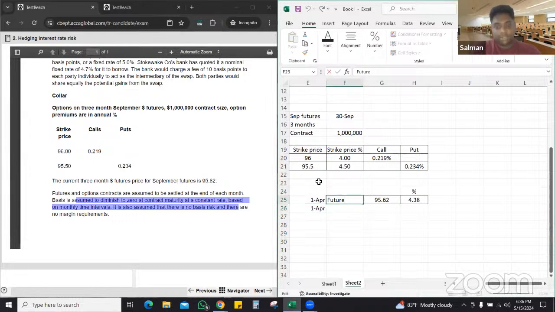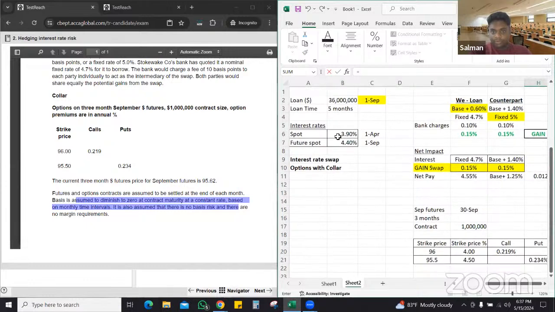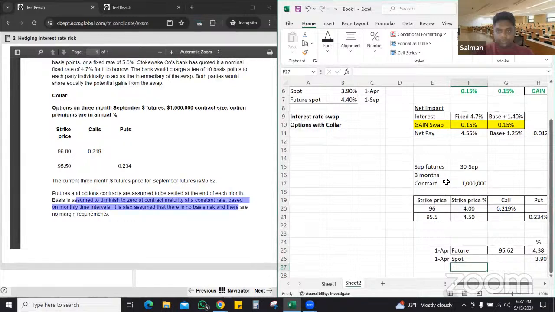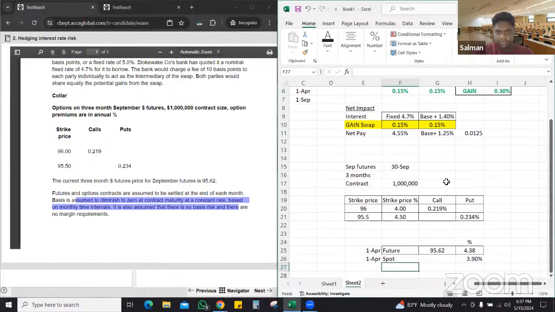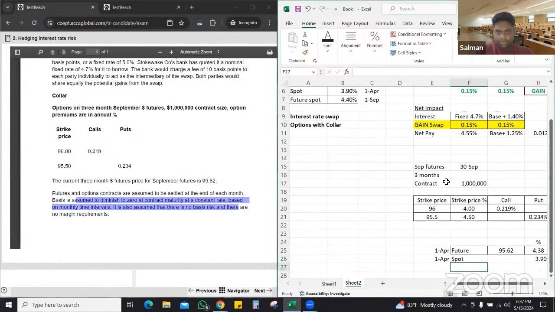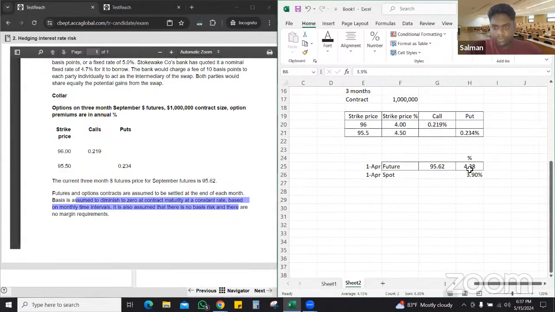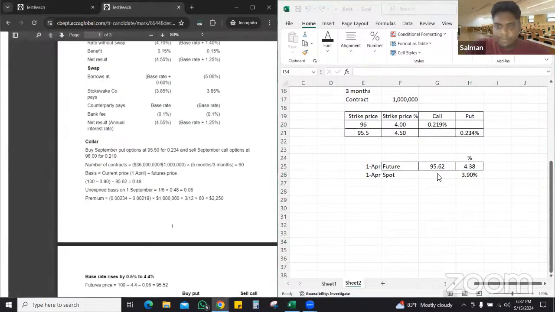Today, what's your spot rate for these September futures, right? The spot rate is 3.9%. All right, 3.9.